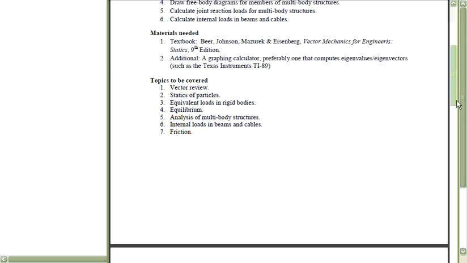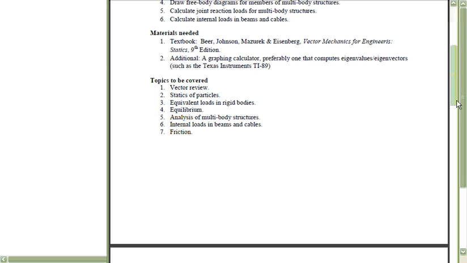But we're not going to do any problems out of the book, so you don't have to have the most current version. If you can find it on eBay or something, like a 7th edition or an 8th edition, and get it for 20 bucks instead of 150 bucks or whatever it is, that's a great idea.